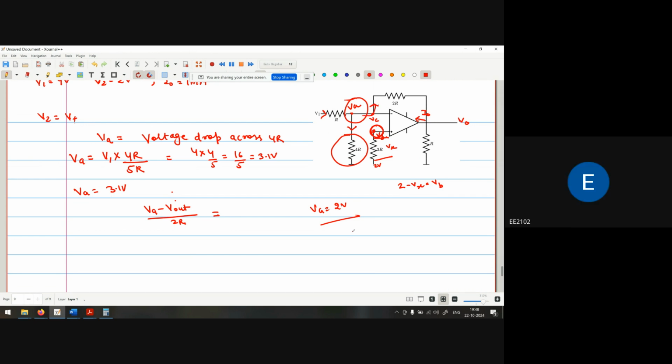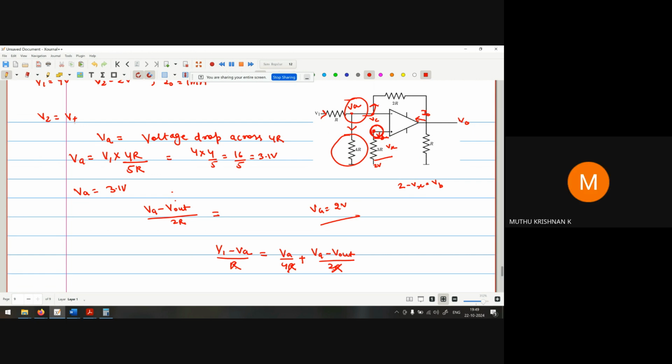So V1 minus VA upon R, that is the incoming current, is equal to the outgoing current: VA upon 4R plus VA minus V out upon 2R. So R and R cancel out.